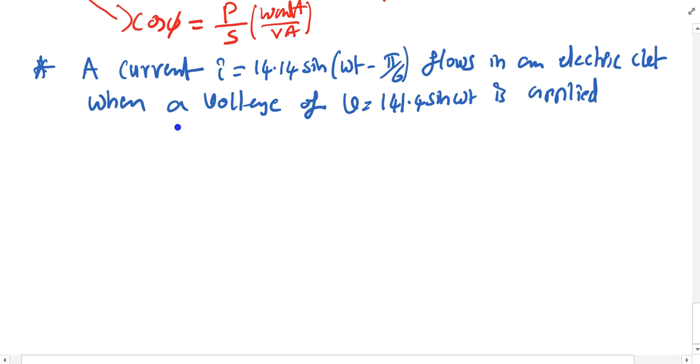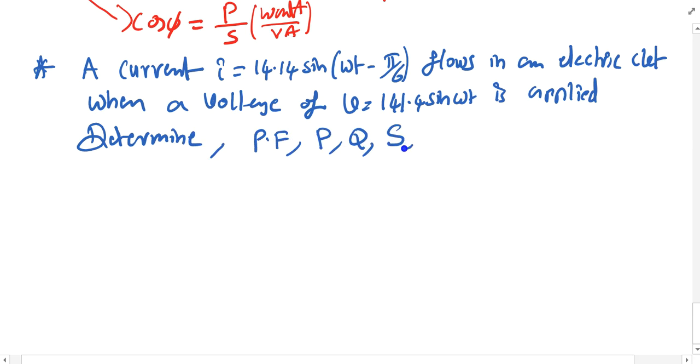Then determine the power factor, active power, reactive power and apparent power. So this is what we have to do here.